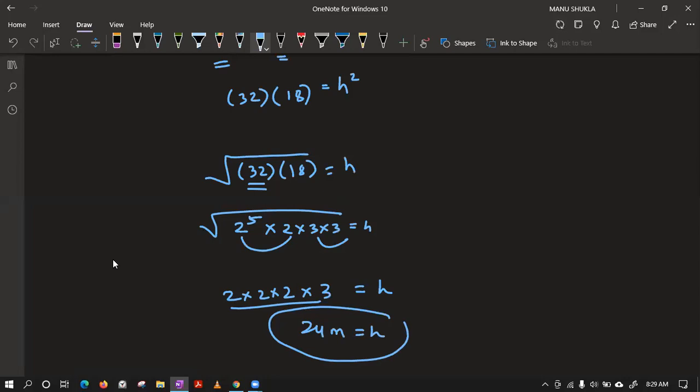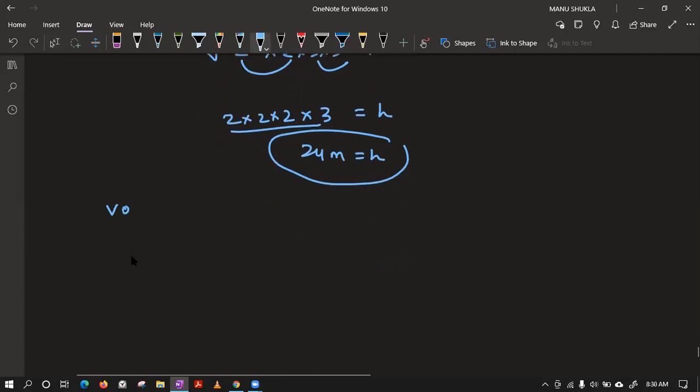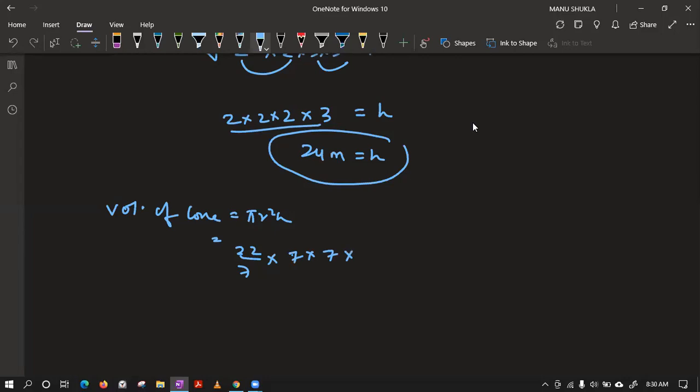So 8 3s are 24 meters is the height. We have obtained the height, and now you can easily find the volume of this cone. So volume of cone will be given by 1 by 3 pi r square h, that is 22 by 7 multiplied with r is your 7 into 7 into height is 24. One 7 will go away like this. Okay, sorry, I forgot to put 1 by 3.